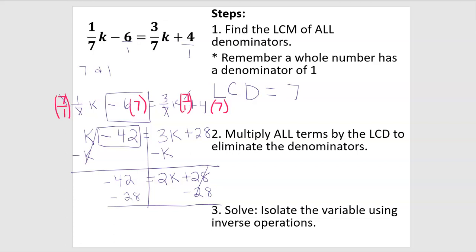And I'm doing a negative plus a negative, same signs, add and keep. So I'm going to add them together and keep the sign. So that's negative 70 is equal to 2k. Divide both sides by 2. And I'm going to get negative 35. K is k. And that's my answer.